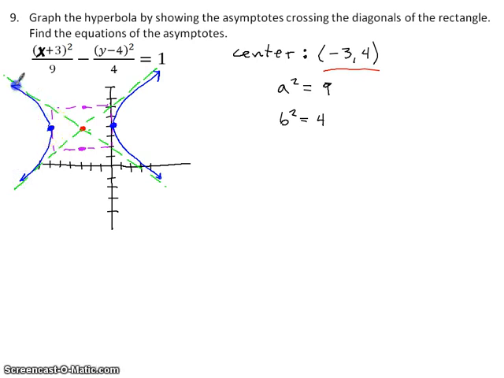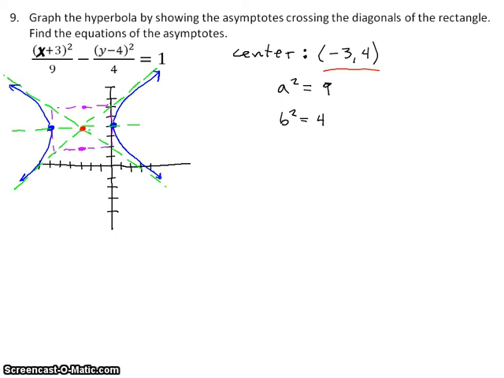And the reason I know that is because the major axis in this case is parallel to the x-axis, because the a squared is underneath our x squared value. So from here, I want to find the equations of my asymptotes.